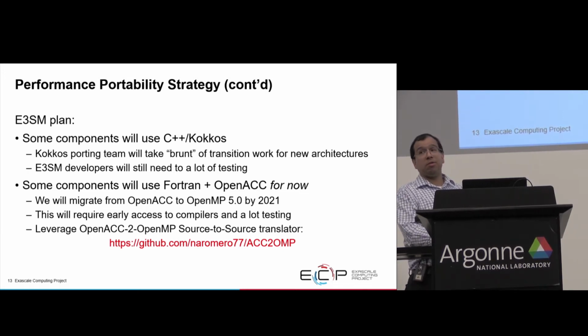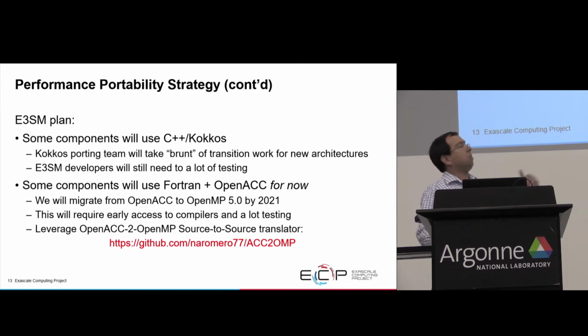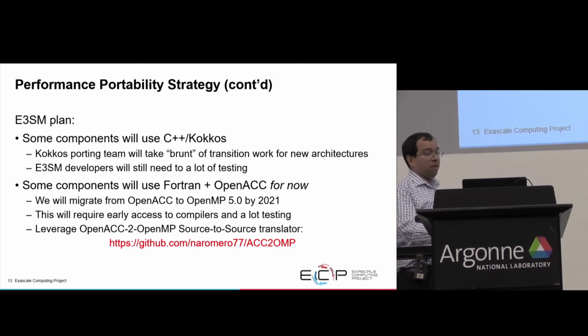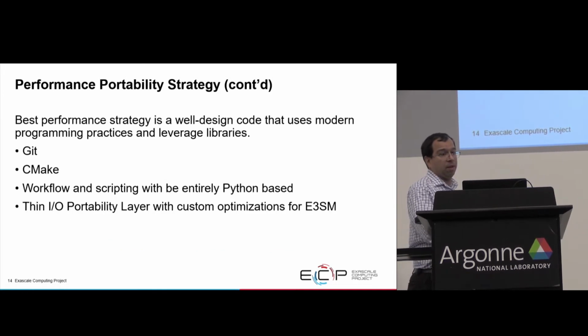One tool that I'll mention to the audience, actually a tool that I wrote, is a Python-based converter to translate OpenACC into OpenMP. This is a source-to-source translator. It's just a couple of hundred lines of Python code, and it's meant to reduce the barrier to adoption of OpenMP, because we do have a lot of OpenACC code right now.